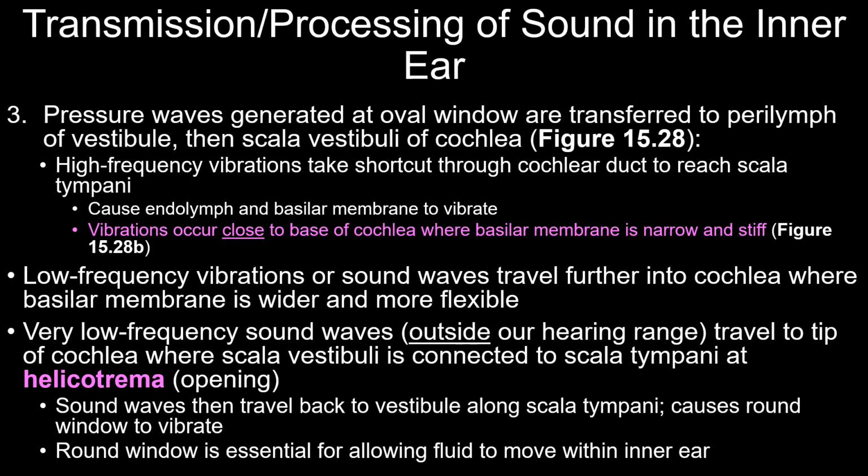These waves still travel all the way in through your cochlea, and this actually goes all the way back to where the scala vestibuli connects with the scala tympani, and it joins at an opening called the helicotrema. And those ultra low vibrations are going to travel past the helicotrema very often and then produce those vibrations that will push out the round window.